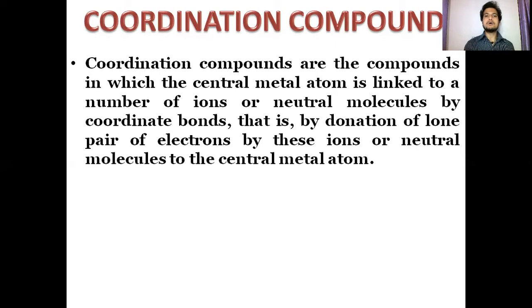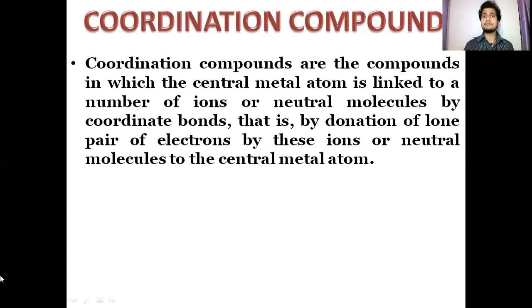Remember that coordination compounds are the compounds in which the central metal atom is linked to a number of ions, or neutral molecules, or other groups by a coordinate bond. Now, I hope you can understand what a coordinate bond is. We call it a coordinate covalent bond also. It's a covalent bond, but there is a difference between a covalent bond and a coordinate covalent bond.